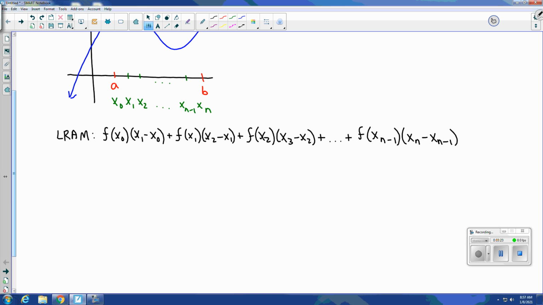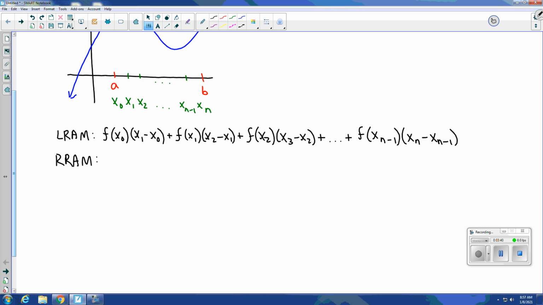We can condense this into a much neater form, and that will introduce some new notation that we're going to utilize to then come up with the definite integral. But before we do that, let's jump over to what the RRAM would be. So we'll stick with these two.